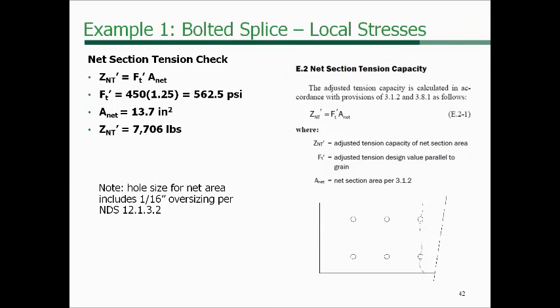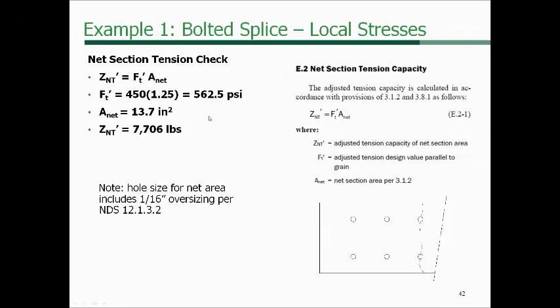So we'll start with a real simple one, and you see the diagram down here in the bottom right of the slide. There's a dashed red line through the bolts. We're just going to look at a net section tension check here, and that's nothing more than determining the cross-sectional area minus the bolt holes, allowing for 1/16 inch oversizing of those bolt holes. If you look at NDS 12.1.3.2, you see that we allow up to a 1/16 oversizing. If you've got tighter tolerances than that, obviously you could tighten up your cross-section, but that ends up reducing the net section.